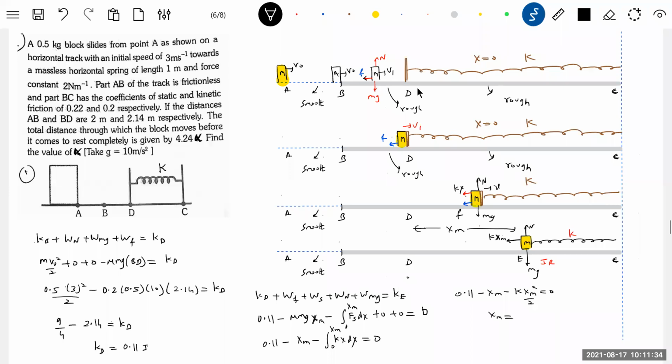Now the mu mg value, everything will become 0.2. I'll write it down. So many terms.